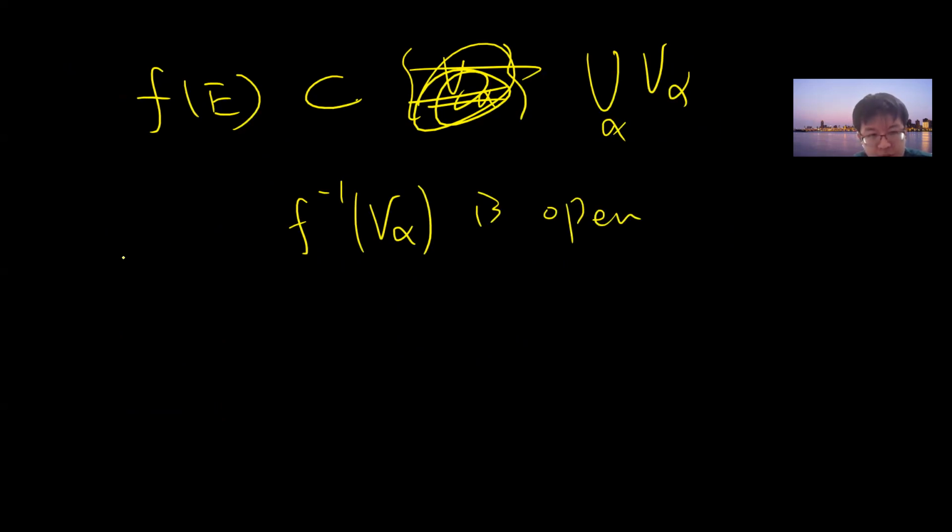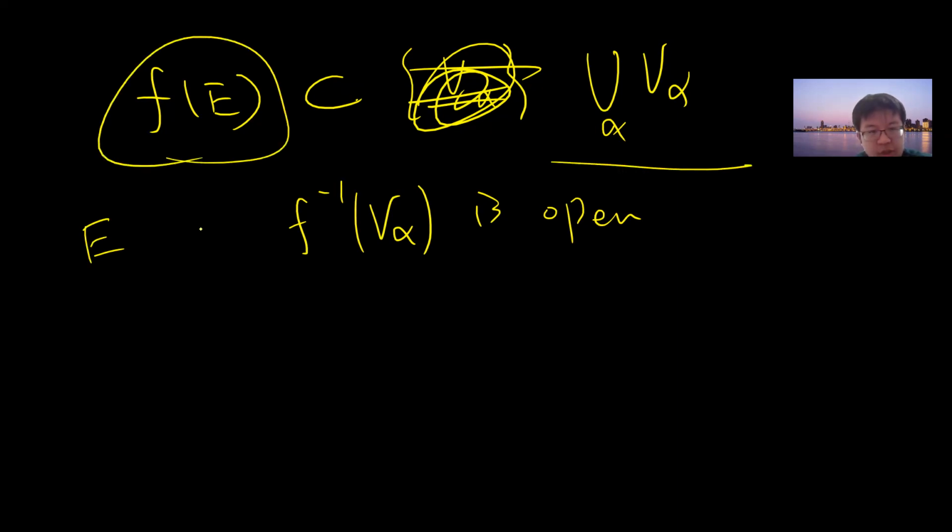Since f of E is a subset of the union, E is a subset of the union of f inverse V alpha. Since each f inverse V alpha is open, they form an open cover of E.